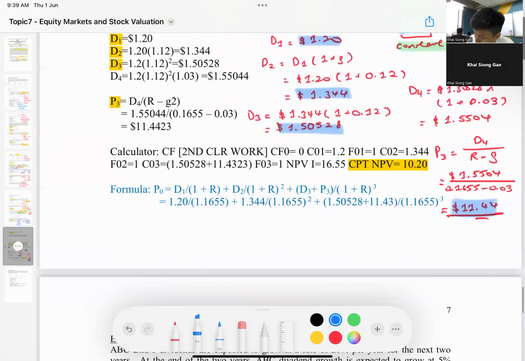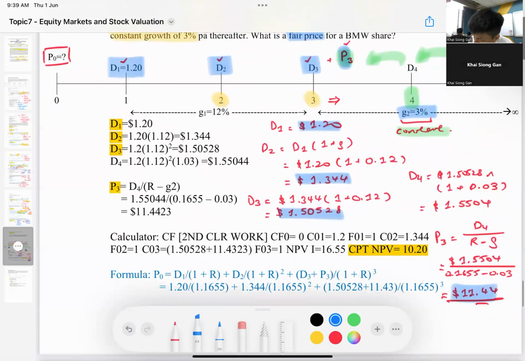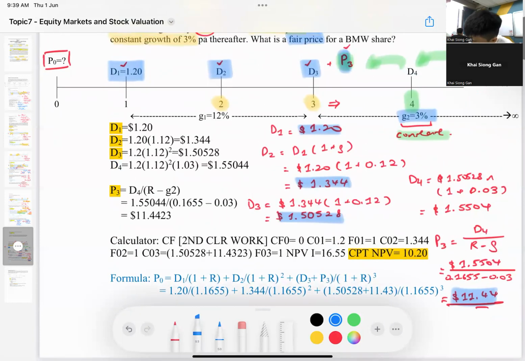Okay, then I can put into calculator. Like you can see here. Okay, so press second clear work. CF0 equal to 0. Okay, C01, 1.2, frequency 1, C02, 1.344, C03, you combine the two together, 1.505 plus 11.44, and then press NPV, enter the interest rate, and then compute NPV. Then you get the answer, which is 10.2.